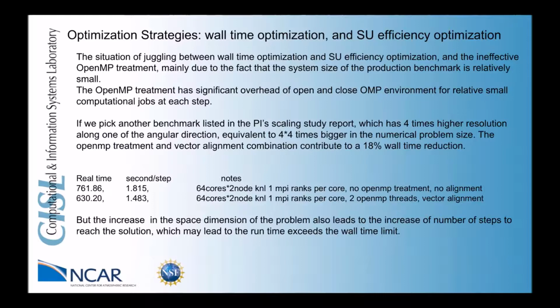So on a 2-node case, as I list below, the OpenMP treatment combined with vector alignment treatment can bring down the wall time from 760 to 630 seconds. But the increase in the space dimension of the problem also leads to an increase in the number of steps to reach the equilibrium solution, which may lead to the runtime exceeding the wall time limits on most of the Stampede2 queues.